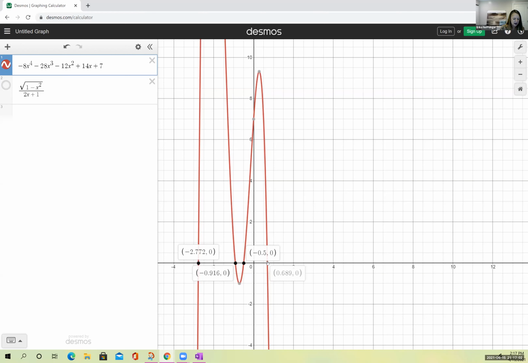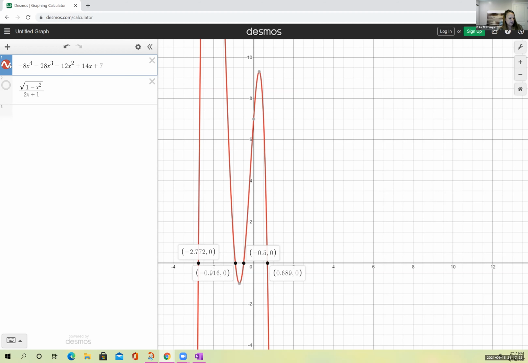It wasn't defined there. And x equals 6.89. So these are possible inflection points at negative 0.916 and at 6.89 if I did all the algebra right, getting that numerator.